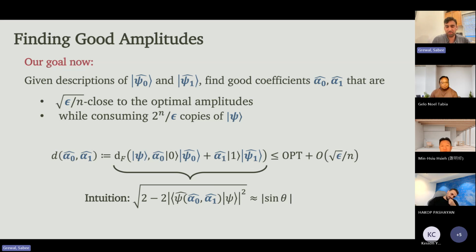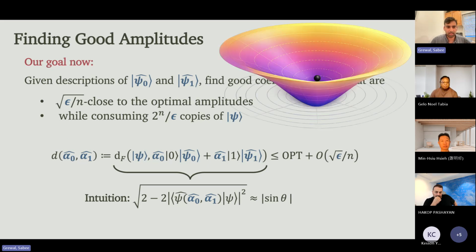And so this ends up being something that depends on the angle between the two vectors. It's ever so slightly more complicated than that because there are two parameters we're optimizing over, but that's the rough intuition that the optimization landscape of D is actually very, very nice. You're just optimizing over two scalars, so this is not too bad.